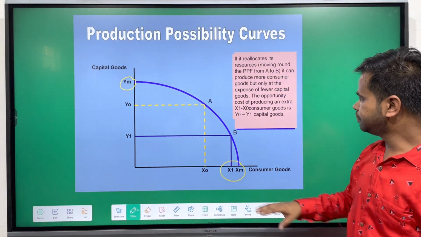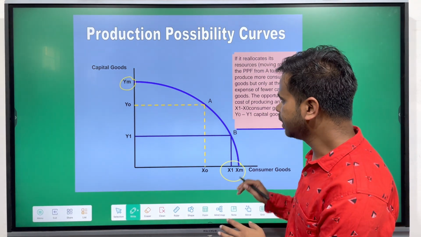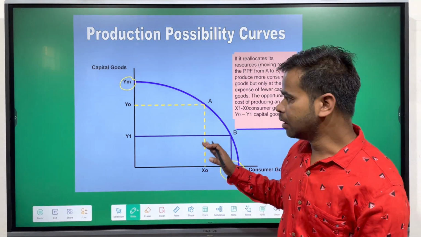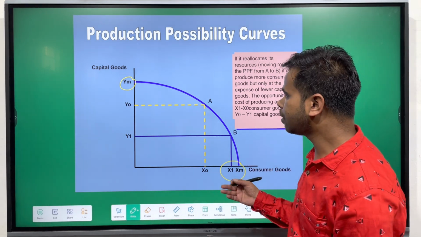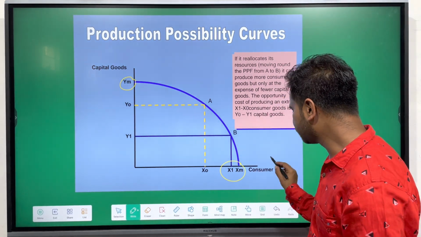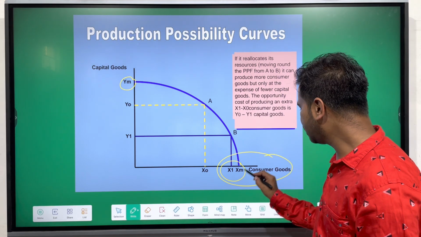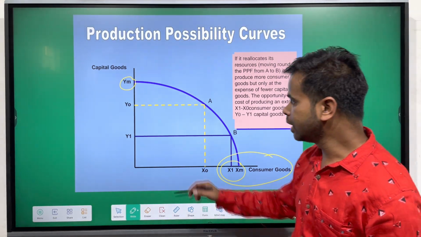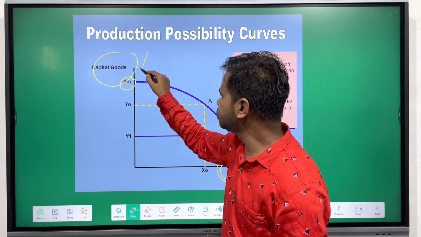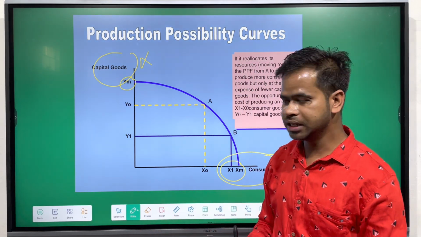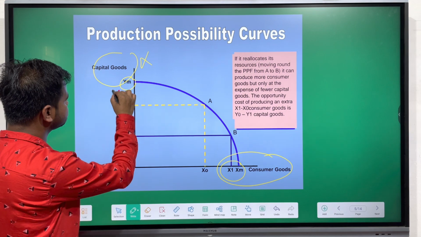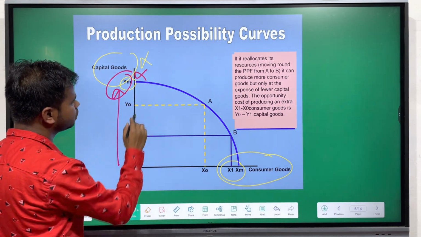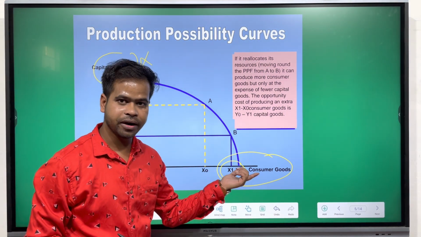In this we are showing the total resources of our country and what resources we are applying. Simply, if we apply all the money on consumer goods, capital goods cannot be produced. If we apply all the money on capital goods, consumer goods cannot be produced.